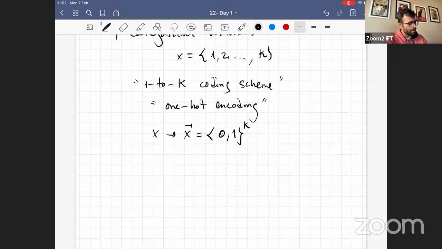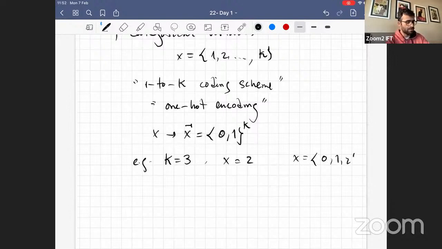For example, imagine that you have 3 categories, and x can have the values 0, 1, 2. These are the 3 values that it can have, and say the value is 2.